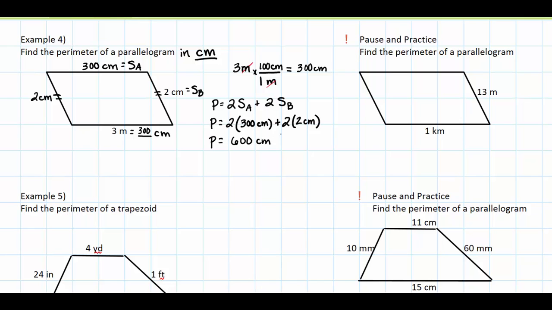So this is 600 centimeters plus 4 centimeters, and the perimeter is 604 centimeters.